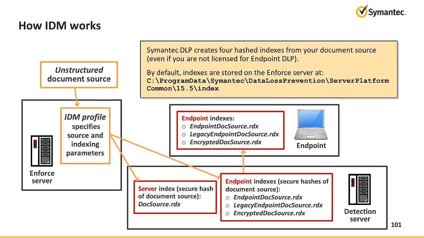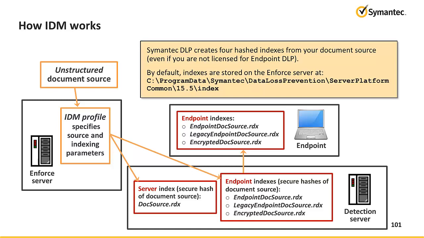The IDM document index contains a set of hashes, referred to collectively as a fingerprint, which Symantec DLP compares to documents on your network to detect exact or partial matches. An exact match indicates that Symantec DLP has detected the exact file, such as a GIF, MPEG, or AVI file, while a partial match indicates that Symantec DLP has detected part of the indexed text in input content.